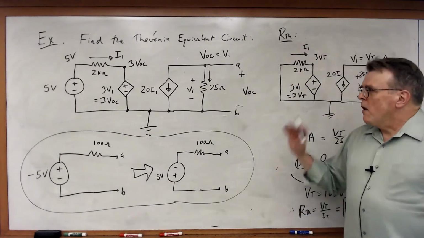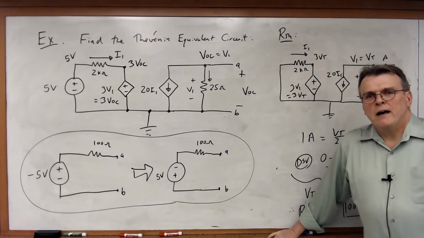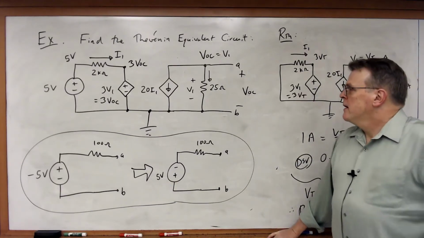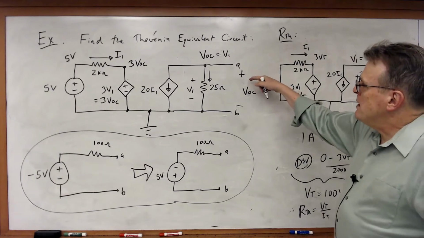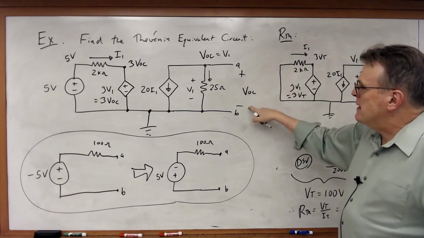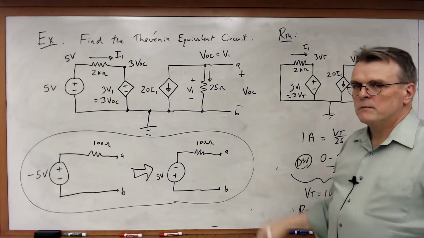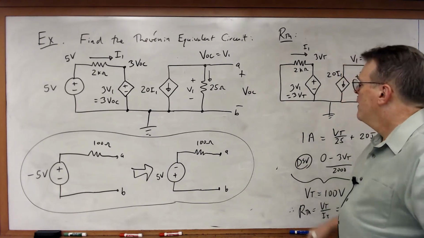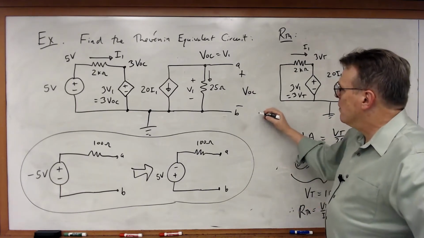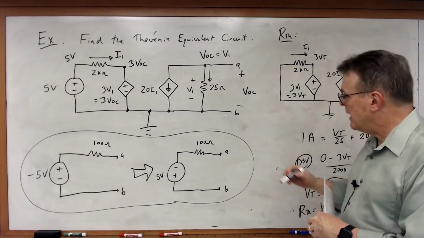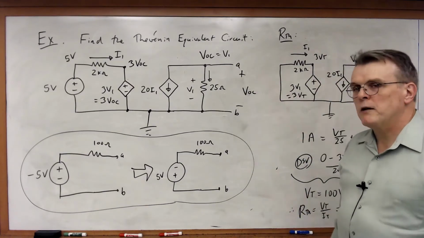Now, this also illustrates something else. I always have students ask me, Dr. Holman, why do you do VOC from A to B? Could you do VOC from B to A? Sure you could. You could calculate the open circuit voltage, in this case, from B to A, and what would you get?